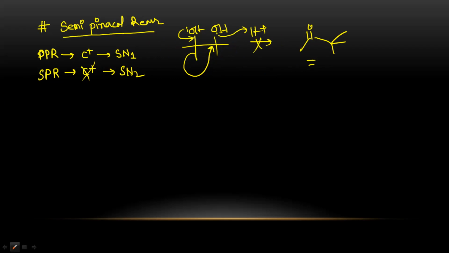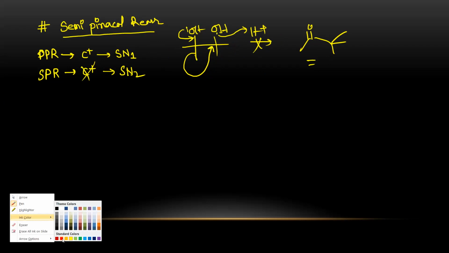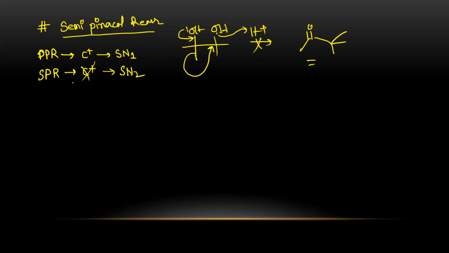Let's see some examples where the reaction proceeds only through the semi-Pinacol path. Suppose I have one system like OH, methyl, hydrogen. I'm giving H plus. Which center will protonate? Which OH, the first one or the second one?